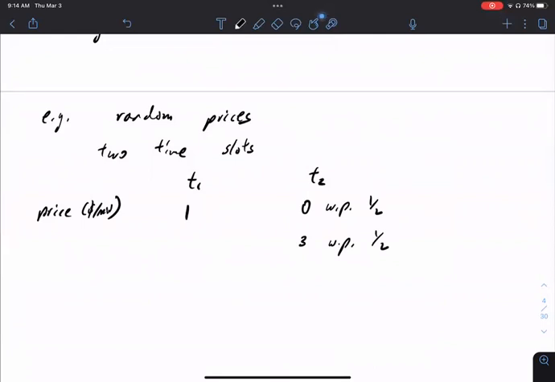Okay. So in this case, should you use your battery? Let's say I have a battery with 1 unit capacity. Should you use your battery to charge in the first period and discharge in the second period?